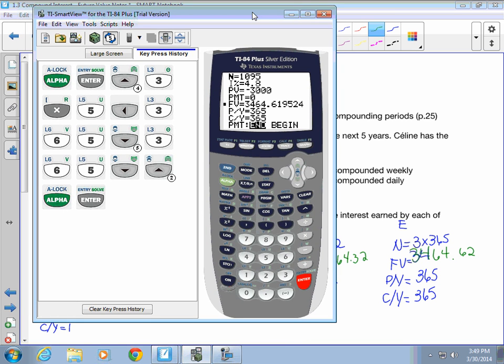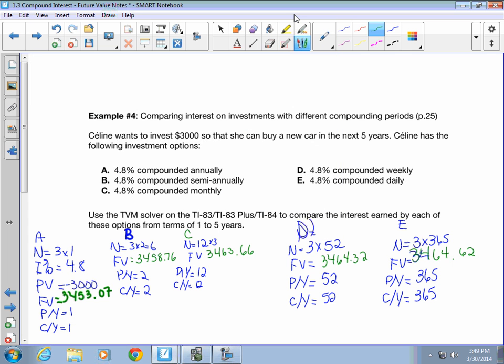Well, I'm scared if I put this down I won't get it up for the next one, but we'll see. So you can see by doing it just annually, you had 3,453. If you do it daily, then you're going to end up with $10 more per year.